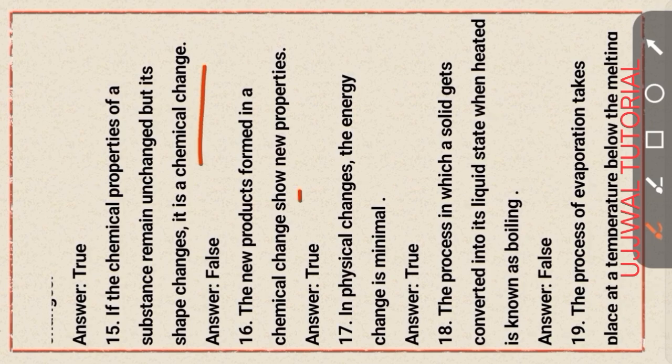The new products formed in a chemical change show new properties. It is true. That is the change of the composition of the substance. Next question. In physical changes, the energy change is minimal. This statement is true.